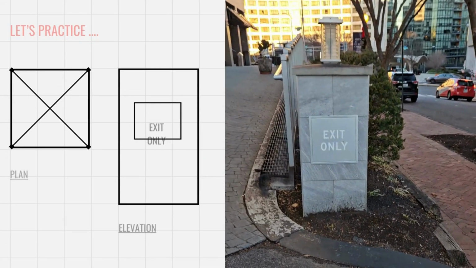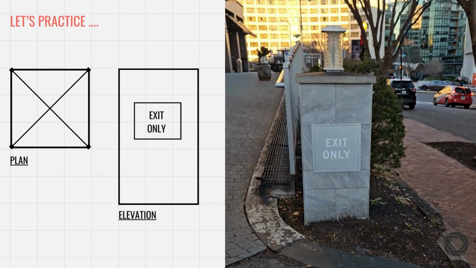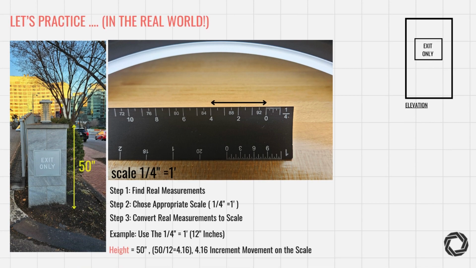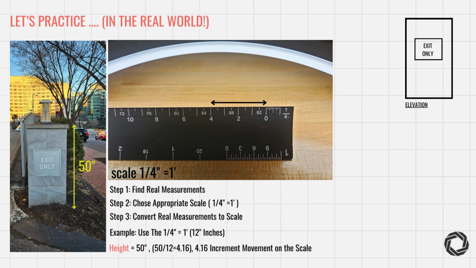Now let's do some real world practice. The first thing I did was pulled out my ruler and found the real measurements. I measured this stand to be 50 inches in height. So I decided to go with a scale of 1/4 of an inch equals 1 foot. This obviously is not an entire neighborhood or a plan, it is just one object.